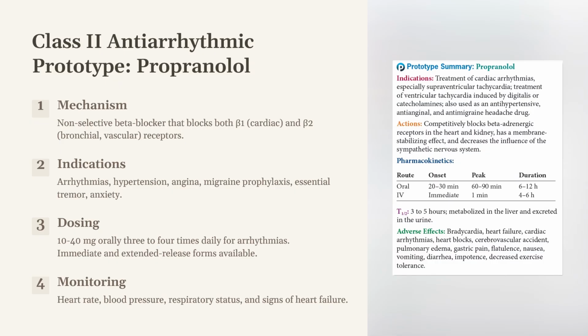So our prototype here is propranolol. It is non-selective, so it blocks the beta 1 and 2 receptors. It can be indicated for arrhythmias, hypertension, angina, migraine. Another interesting fact about propranolol, because it stops that fight or flight, because that's the way that it works.